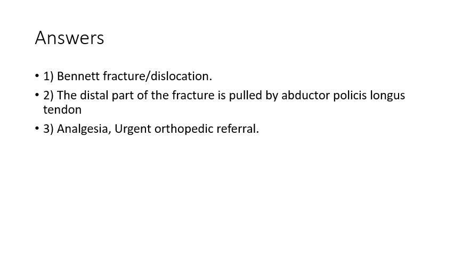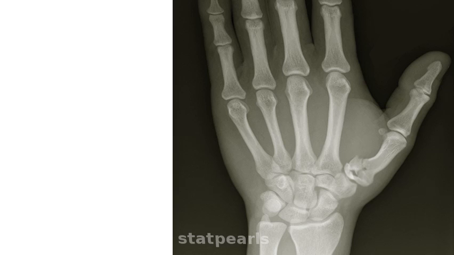Now, some people must have written this as a gamekeeper's thumb. I'll tell you the difference between gamekeeper's thumb and Bennett's fracture. In this X-ray, you can see a comminuted fracture of the base of the first metacarpal, that is your thumb.